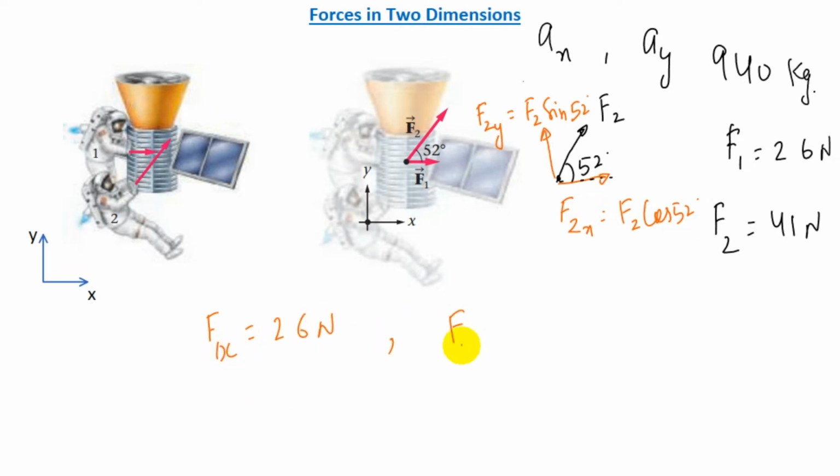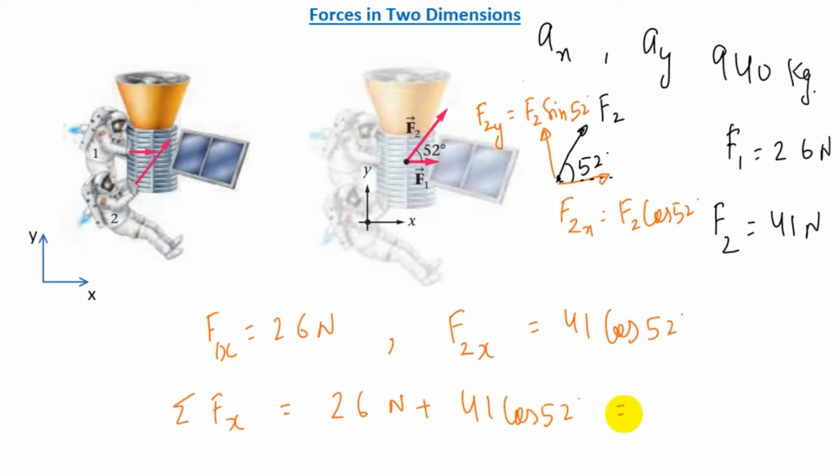Then F2x, the component of force in the x direction, is F2 cosine 52 degrees, so 41 cosine 52 degrees. We have only these two forces in the x direction. So the net force in the x direction, sigma Fx, would be 26 Newton plus 41 cosine 52 degrees, which is equal to 51 Newton.